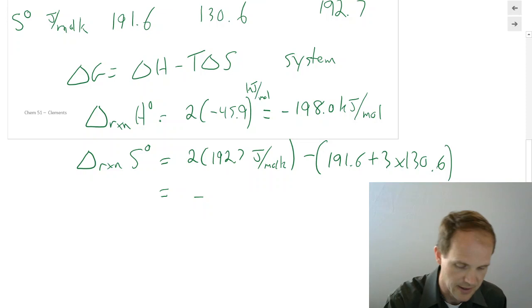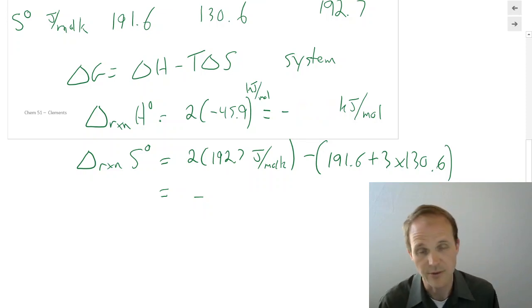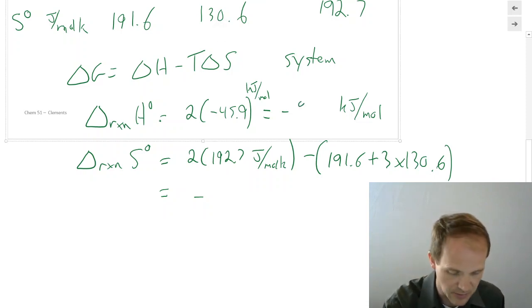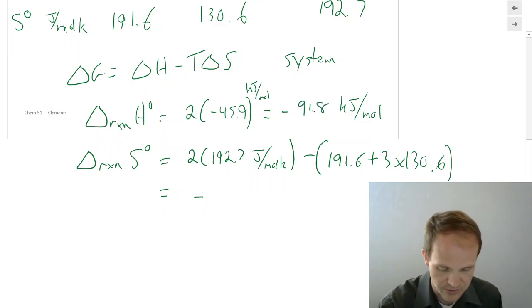Oops, I copied the wrong one. 2 times 45 is 90, not 98. Okay, so that's minus 91.8 kilojoules per mole.